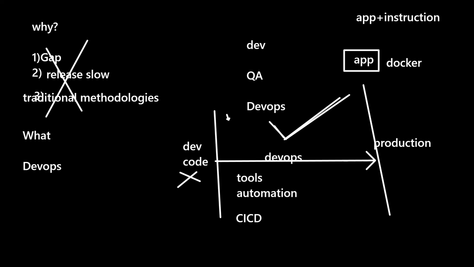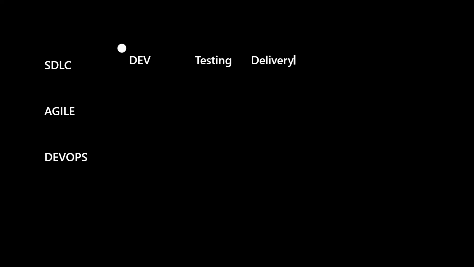Let me differentiate it from other approaches so that it might be clearer for you. Let's talk about SDLC and Agile. Let me compare with them. In SDLC there were the major phases: development, then testing, and then delivery, or deployment, whatever, and then monitoring.